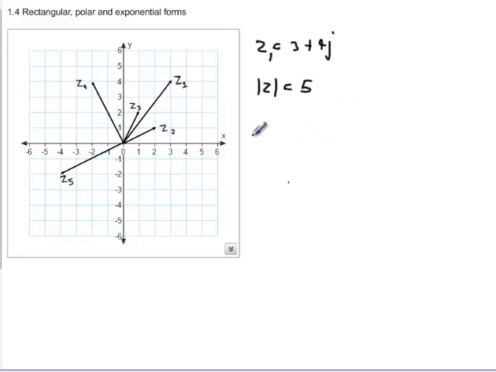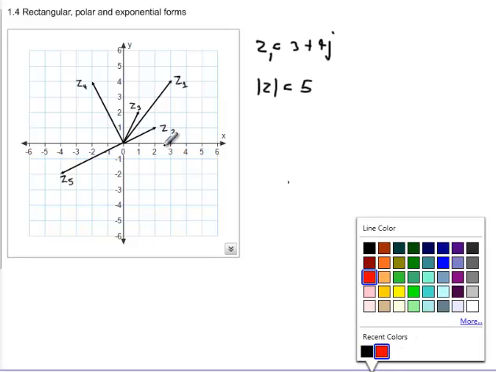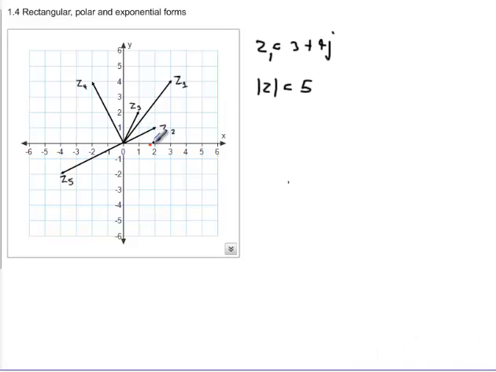Okay. Now, notice that that number, like any other complex number, like any vector in 2 dimensions, will always form an angle theta between the x-axis and its arm, or the vector.